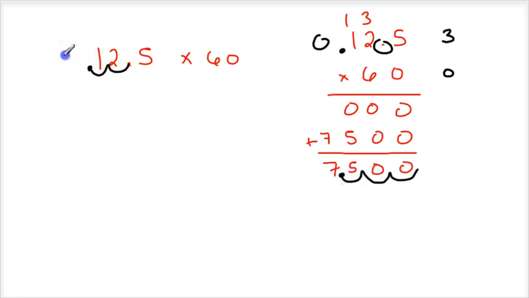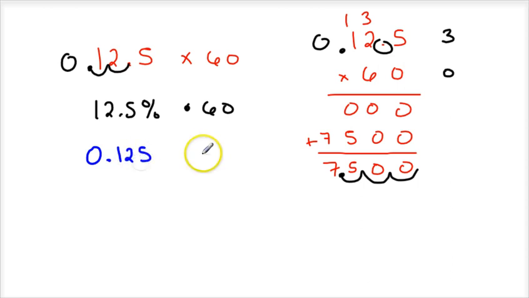So the important part here, or the mistake here, was that 12.5% times 60 should first become 0 and 125 thousandths times 60. So your first step here is turn your percent into a decimal, then proceed to multiply.